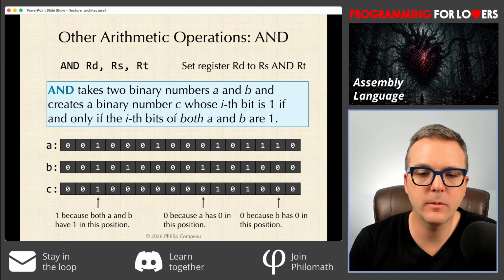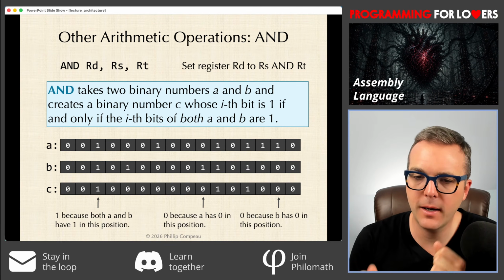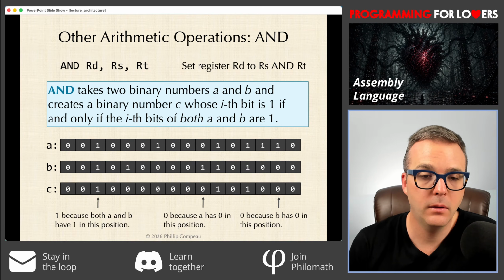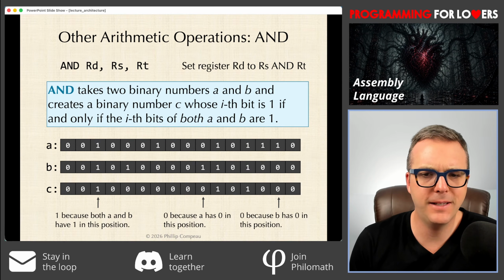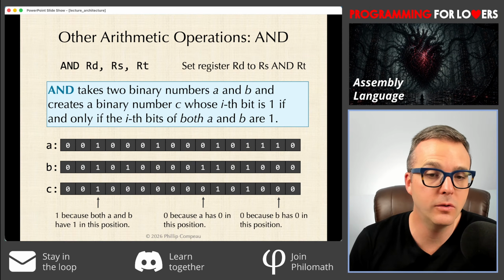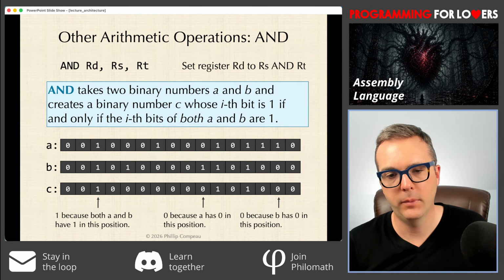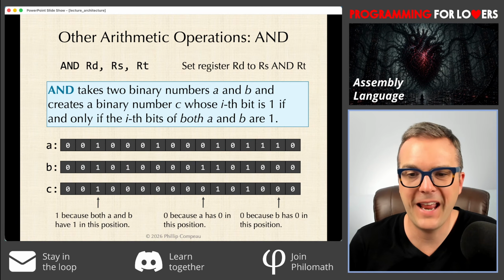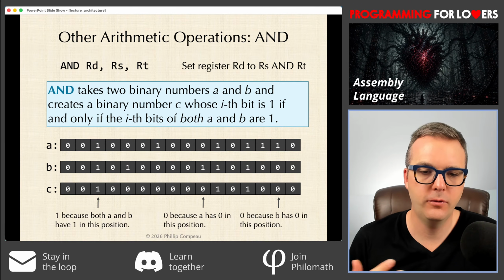So an addition or a subtraction, that's a simple building block operation of the computer. Another one, which might not seem useful to you at all, but I'm going to show you an instance of where this is useful in a minute, is to take an AND of two particular numbers.